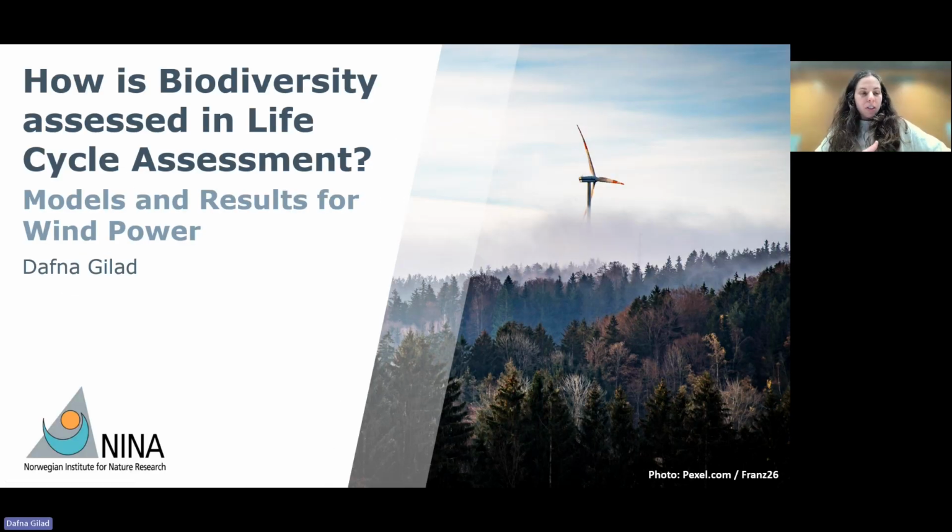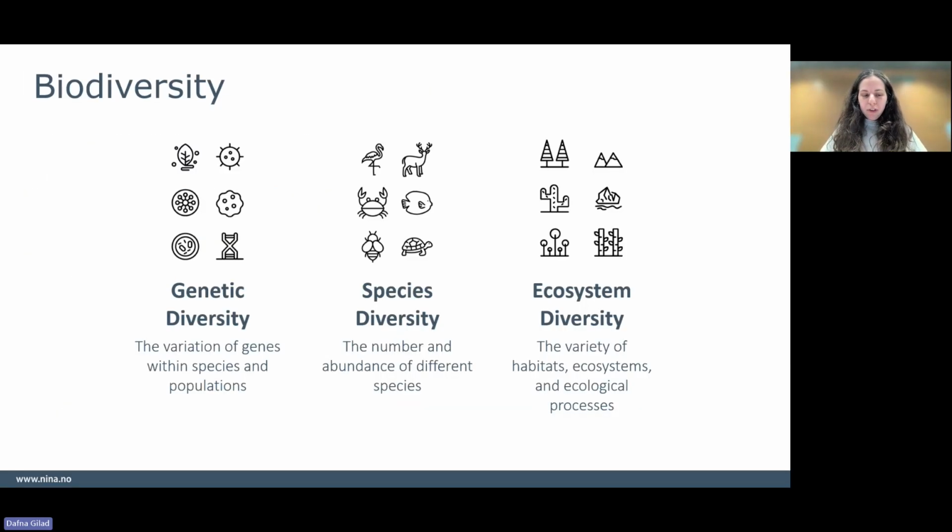So yes, I will actually discuss how wind power impacts on biodiversity are assessed in LCA. And first I'll just start with the concept of biodiversity, just to ensure we are all on the same page. So biodiversity is the variety and variability of life at three interconnected dimensions.